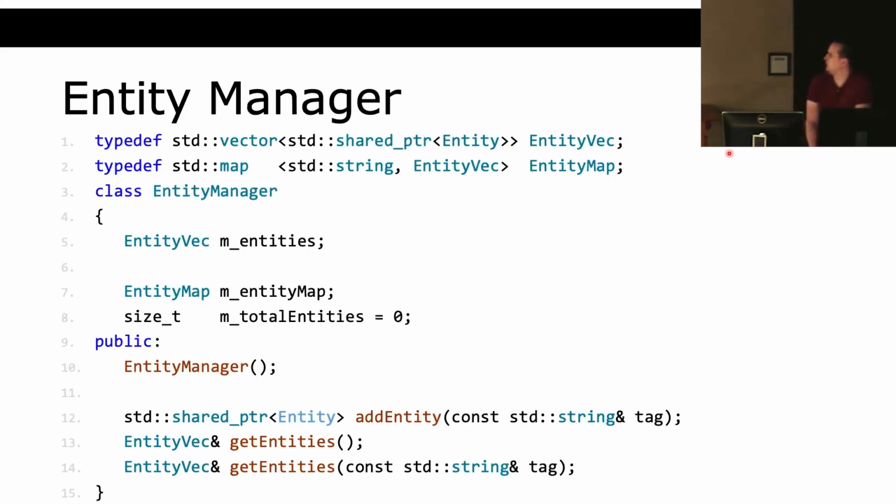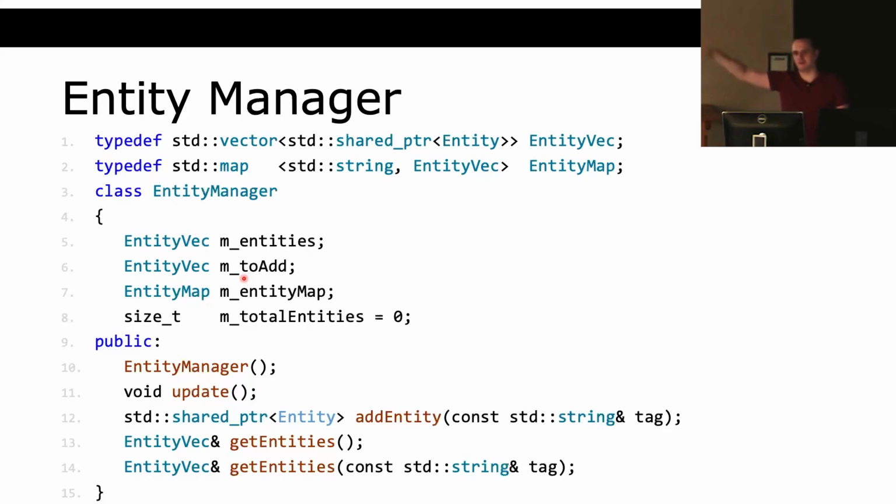So the way we're going to do this is we need to modify the entity manager just slightly. This is what we had before, and I've put in a blank line here just to show you what's changing. The only thing that's changing is we're adding this additional entity vector of things to add on the next frame.